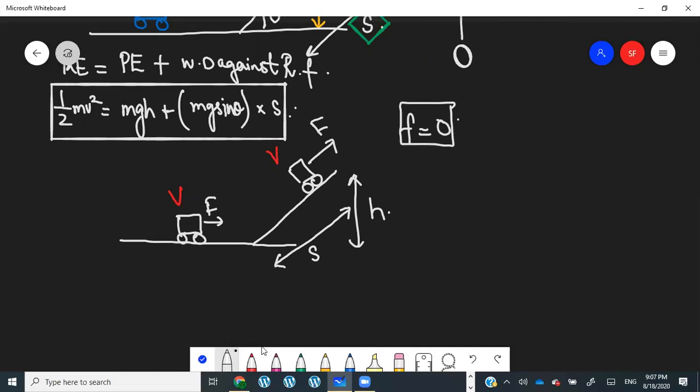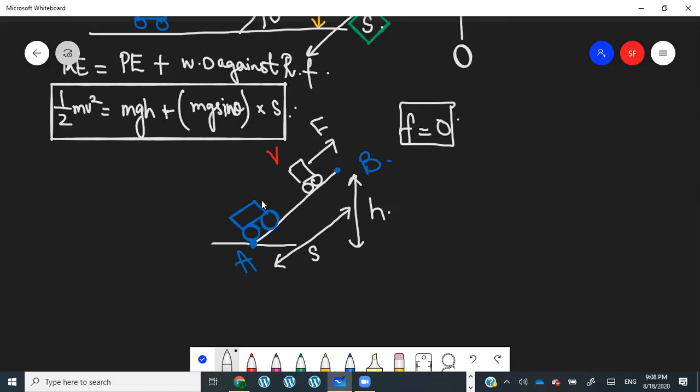Now, what's going to be the energy conversions for this case, moving from point A to point B? By the way, just ignore this portion. Assume that we are considering the motion just from the start of this inclined plane, from point A. We are just making an equation for the energy conversions.